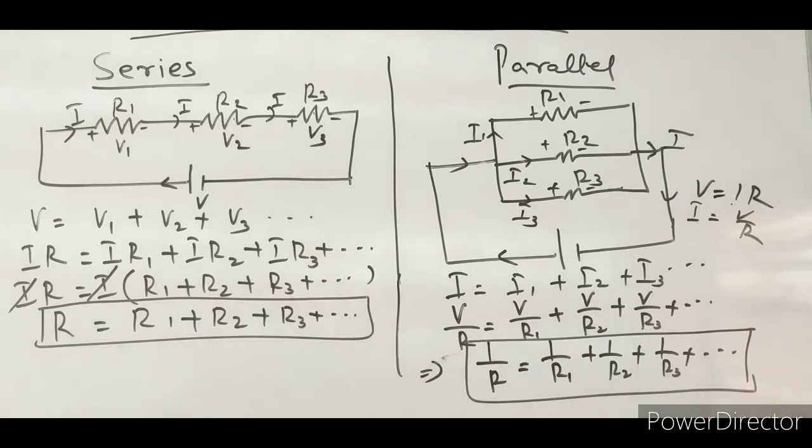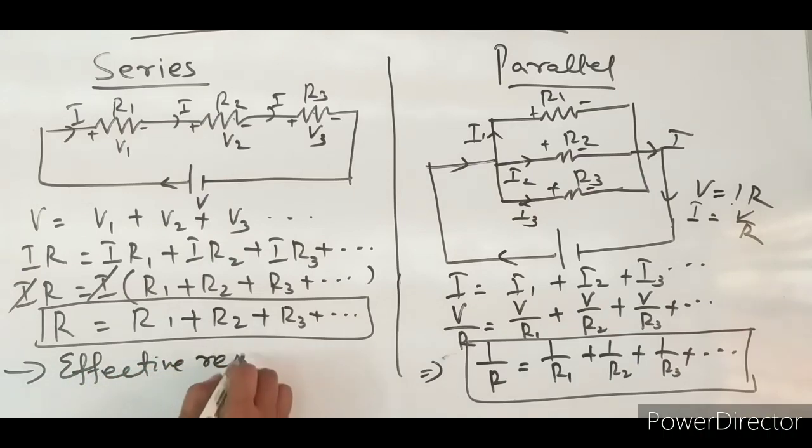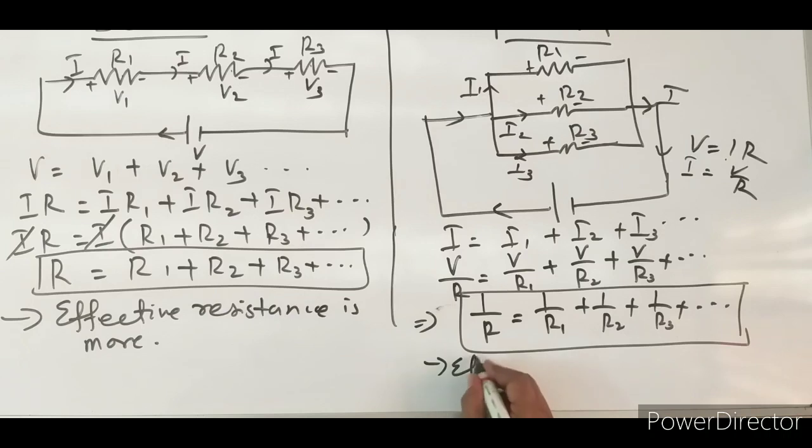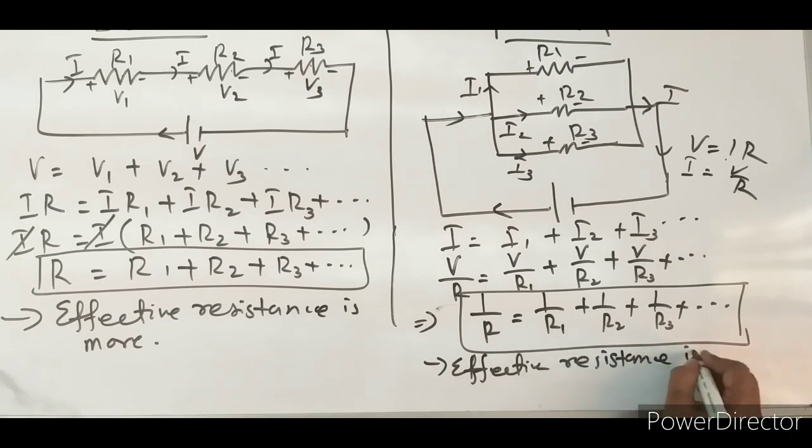So one important thing is, here in series the effective resistance is more. Here in parallel the effective resistance is less.